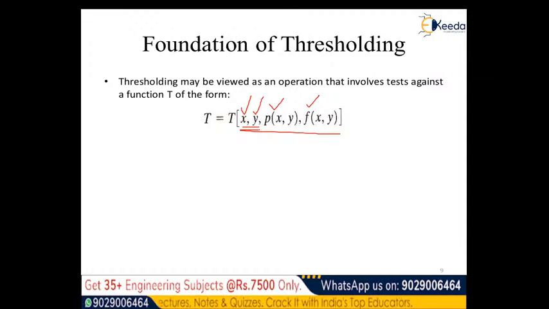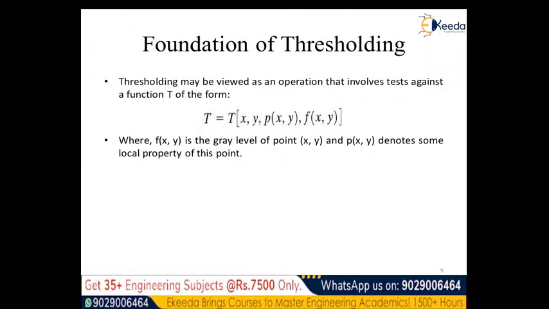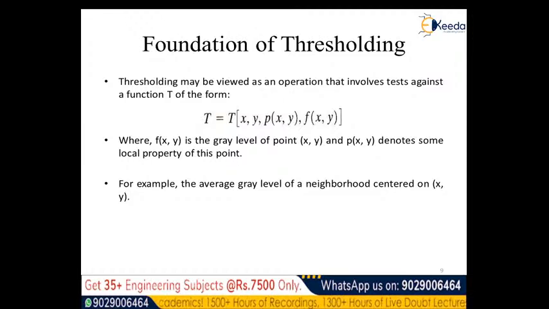In this mathematical representation, f of x, y is the general representation of the gray level image, so f is the intensity at the location x, y, whereas p of x, y represents some kind of local property at that location. For example, the average gray level of the neighborhood centered on the pixel x, y can be treated as the local property p of x, y.